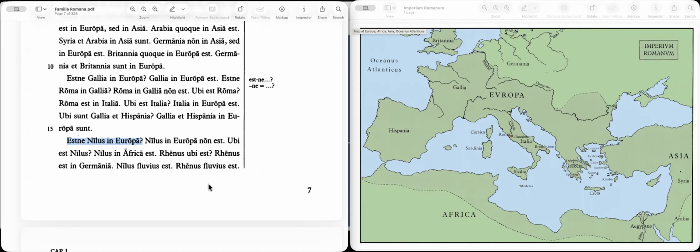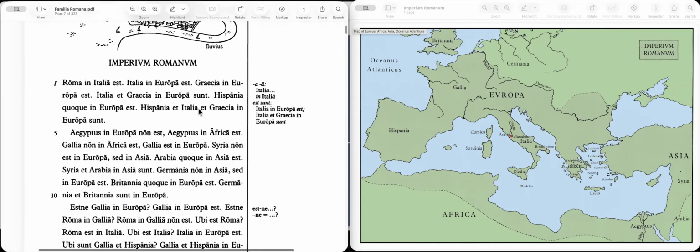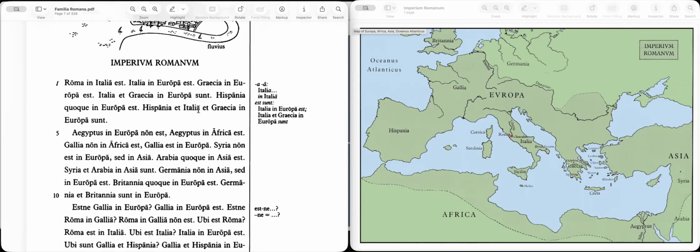There may be sections, especially as you're learning, that you come upon, and for those who haven't had any Latin, you're going to do that naturally. You come up here and you see Roma in Italia est. Well, I can make a pretty good guess what that means. Italia in Europa est, I can make a pretty good guess what that is.